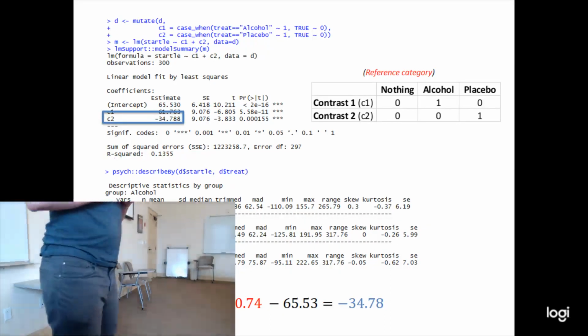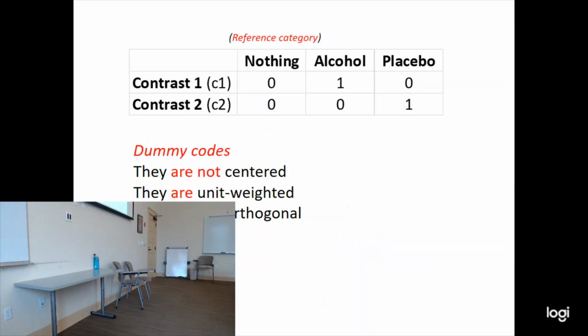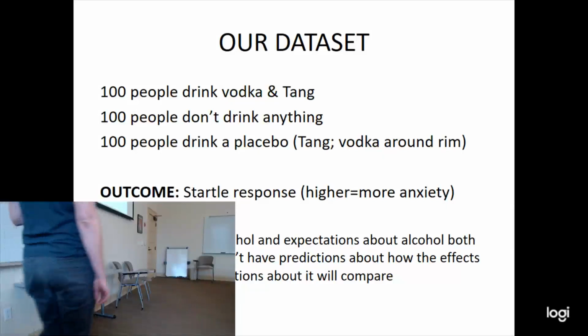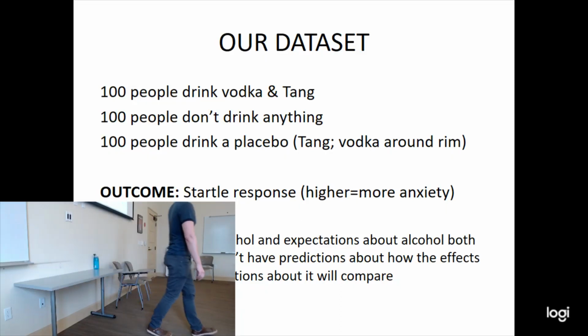And we think back to the hypothesis. Our hypothesis was framed in that way. The hypothesis said something about how alcohol and expectations will compare to nothing. They just didn't say anything about how alcohol and expectations will compare to each other. So it seems like we got what we were looking for.